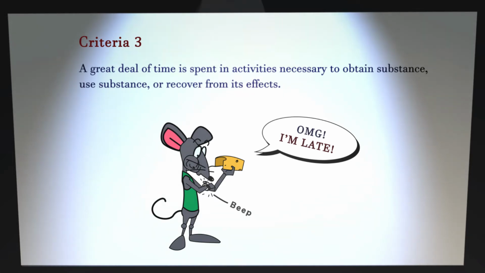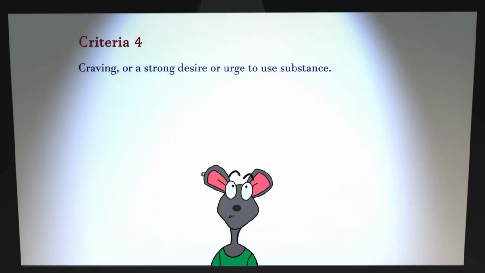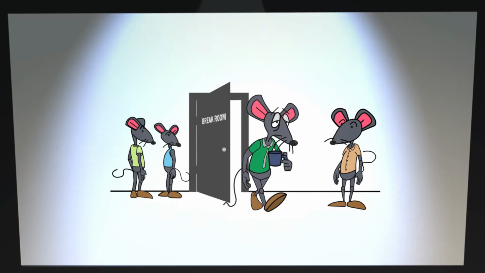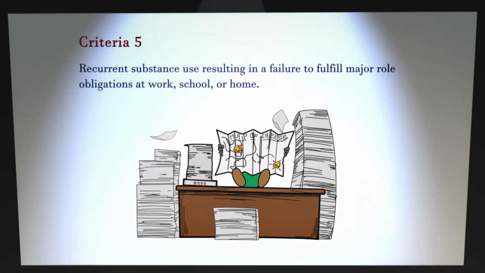Criteria 3. A great deal of time is spent in activities necessary to obtain substance, use substance, or recover from its effects. Criteria 4. Craving or a strong desire or urge to use the substance. Now, criteria 5 through 7 involve social impairment. Criteria 5.